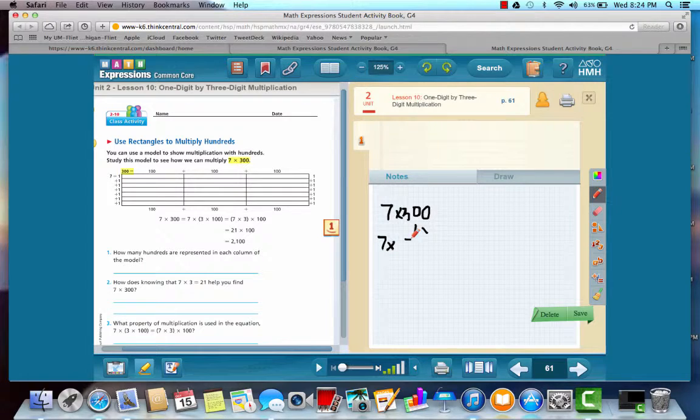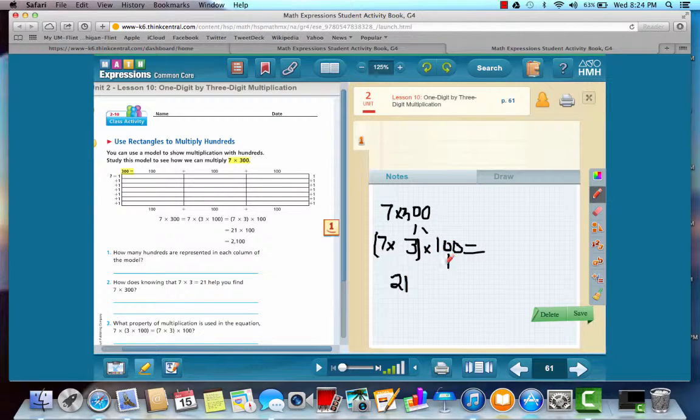And we said three $100, and let's talk about it like it's money, three $100 bills. So then they're showing you over here, now what can we do? Well, we can group 7 times 3 because that's really fast multiplication. I can do that in my head. 7 times 3 is 21.